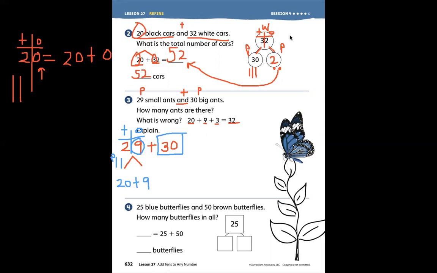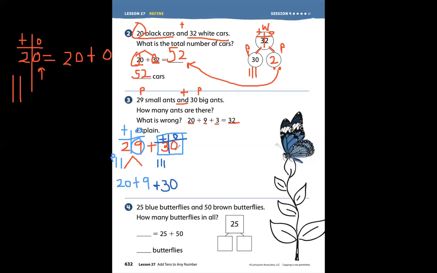I can look at the number 30 as tens and ones as well. 30 has 3 tens. It also has 0 ones. So I have 1 10, 2 tens, 3 tens, which has a value of 30.